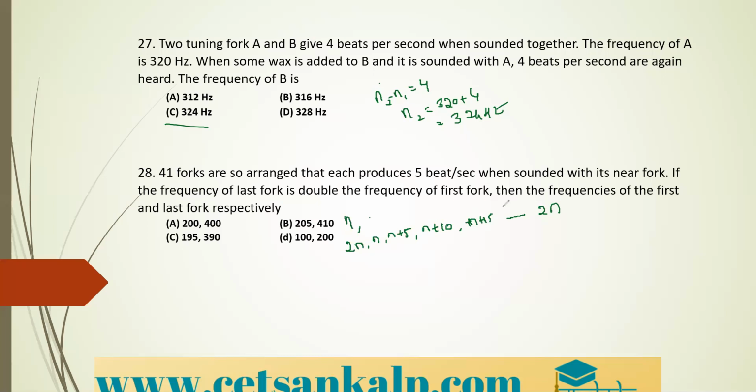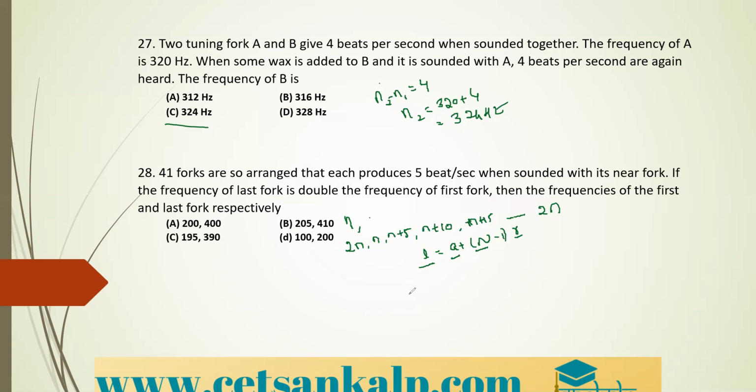Now, the formula for AP is L is equal to A plus (N minus 1) into R, where L is the last term, A is the first term, capital N is the number of terms, and R is the common difference.